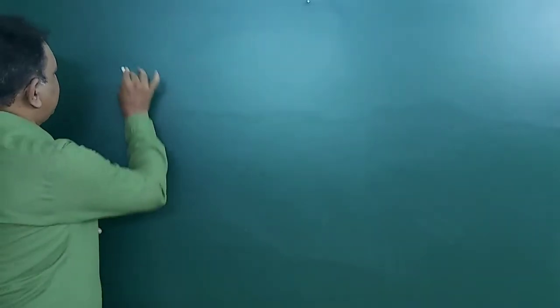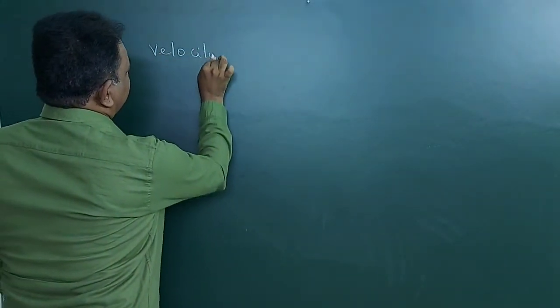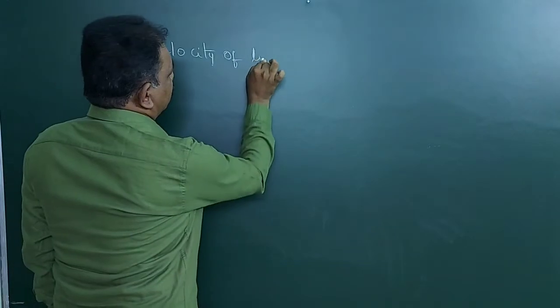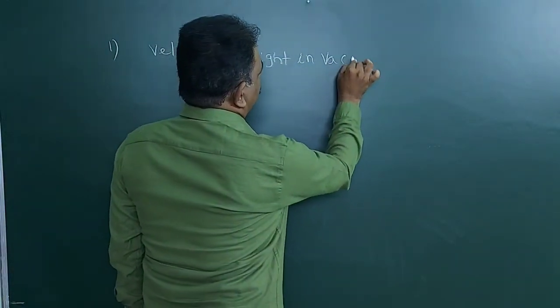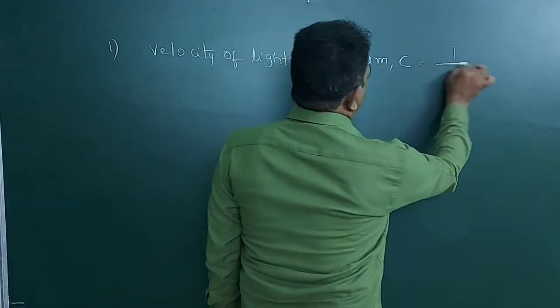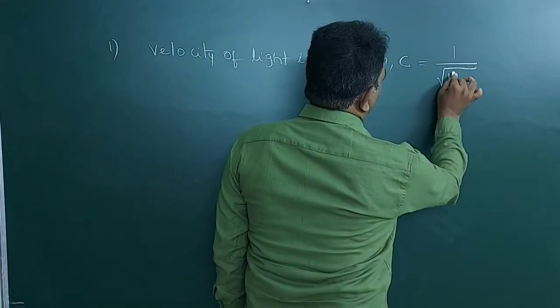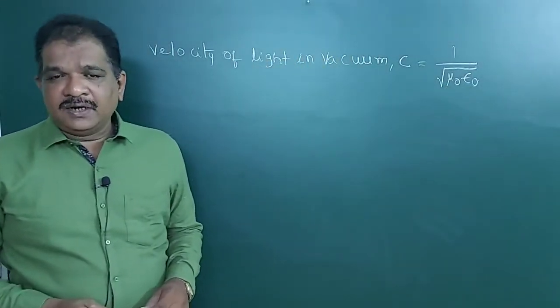Before that, light is an electromagnetic wave. Velocity of light in vacuum, C is equal to 1 by square root of mu naught epsilon naught.